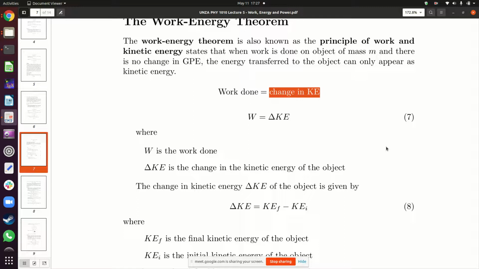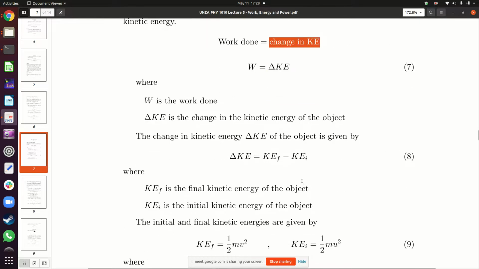So if your object is on a flat surface, the work you have done is going to be equal to the change in kinetic energy. So if you have done any work, that work should show itself as a change in kinetic energy, so the kinetic energy of that object should change. That's what the Work-Energy theorem says, and that's what we're using. Is that clear?